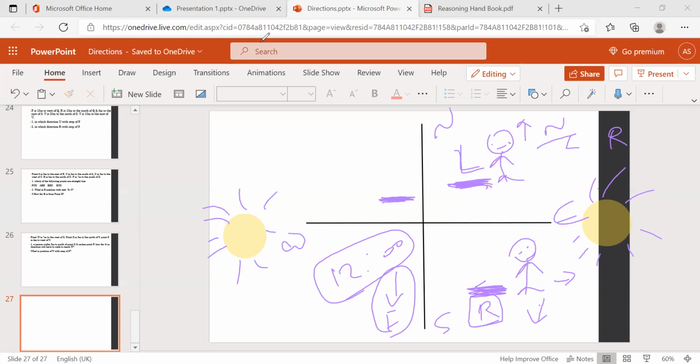If a person is facing the north, like this, then this is his left and this is right. So in the afternoon, a person facing the north, his shadow lies on the right side.